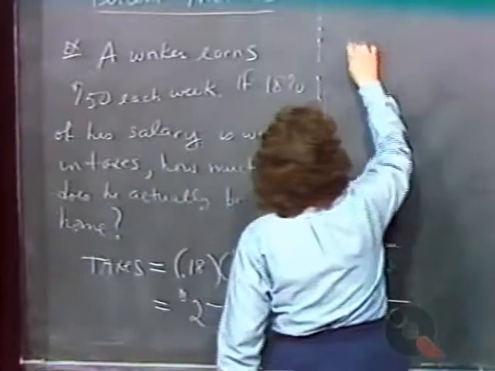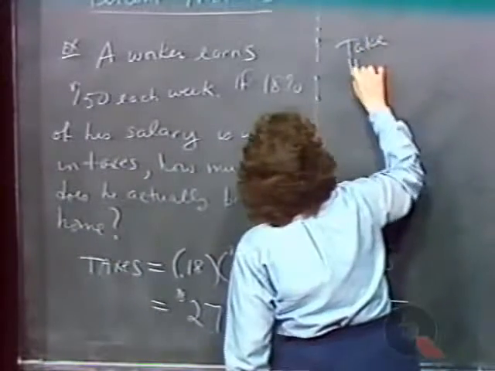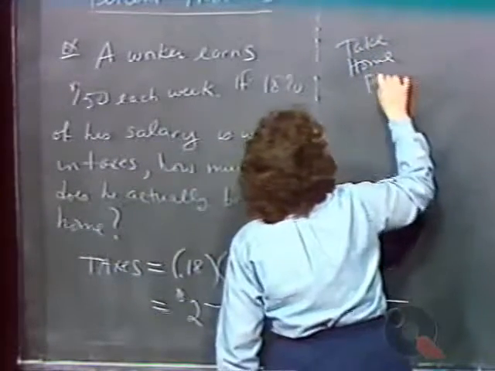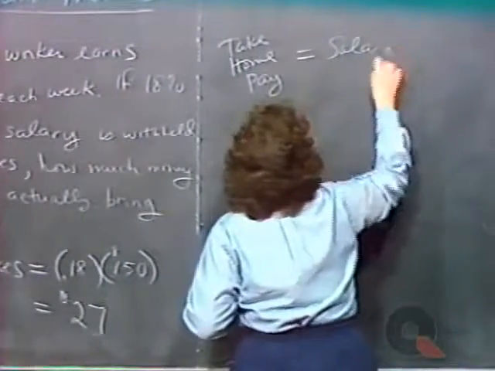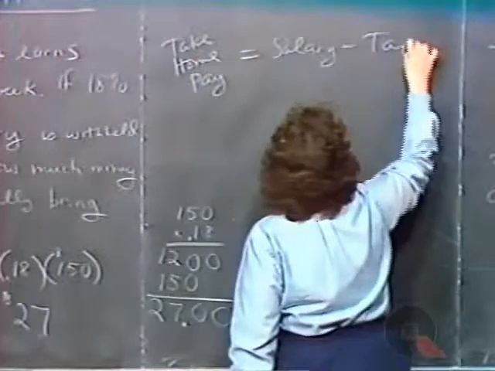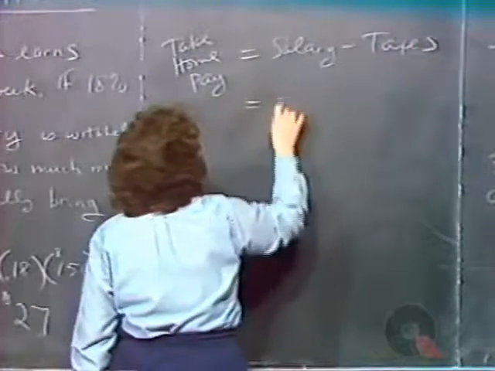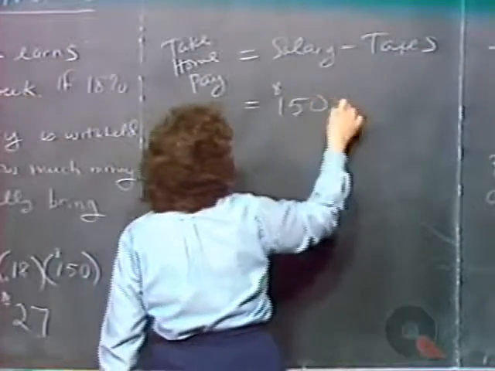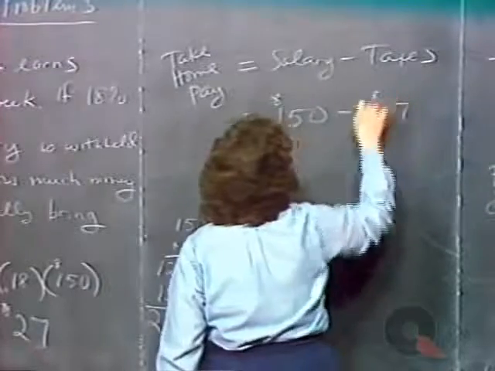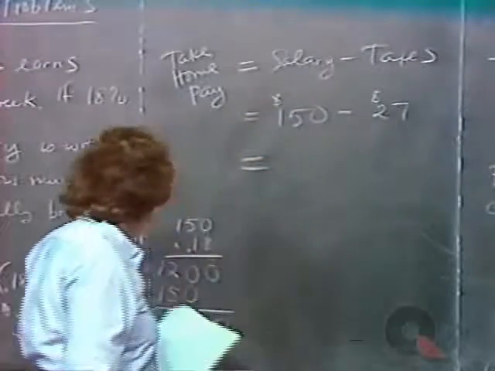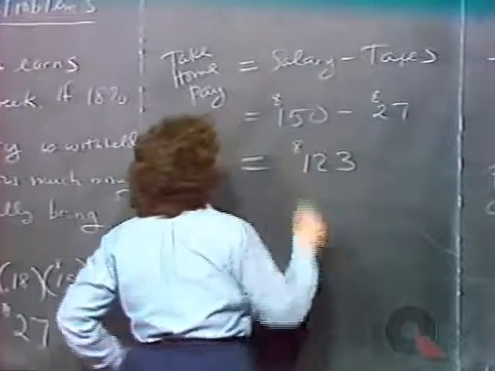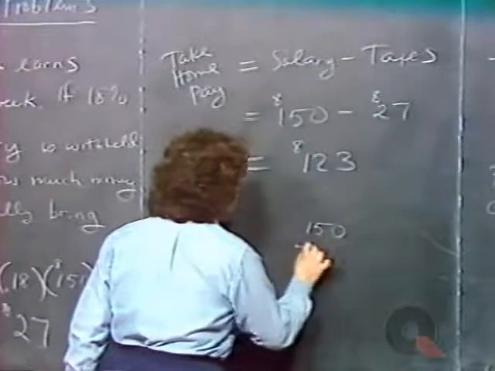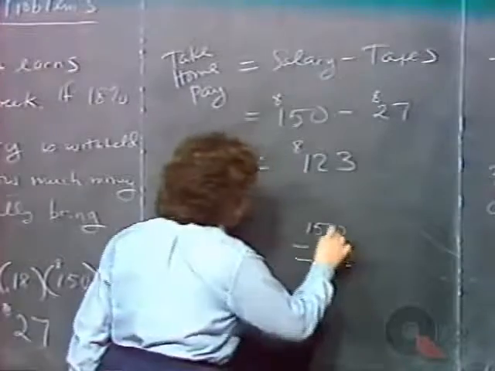Okay. His take-home pay will be his salary minus his taxes. So the correct answer will be the $150 that he earned less the $27 that he paid in taxes, so he will be bringing home $123. 150 take away 27.